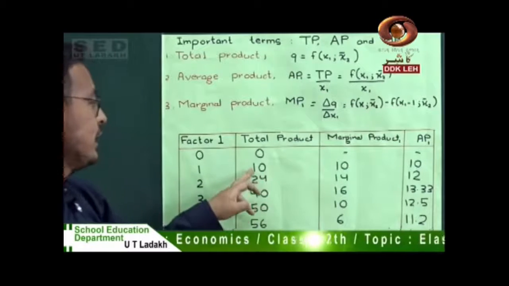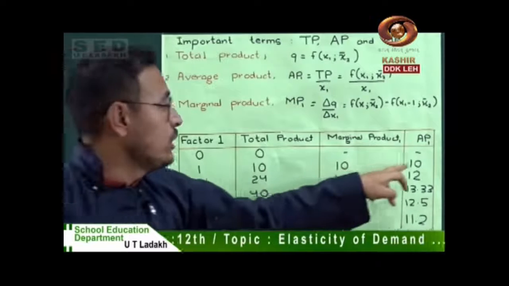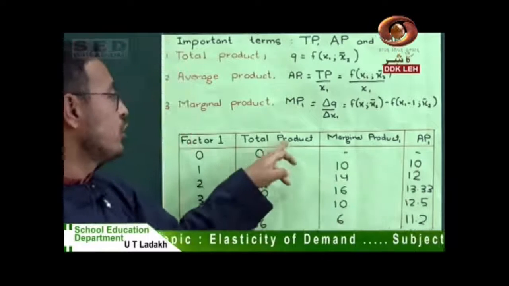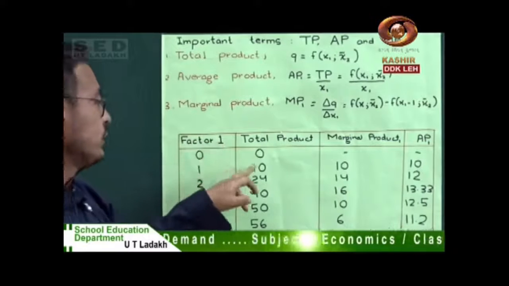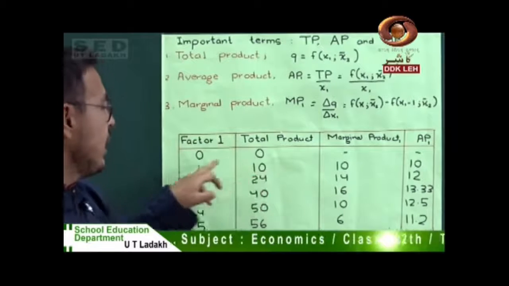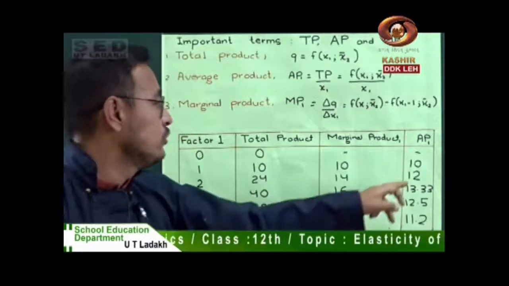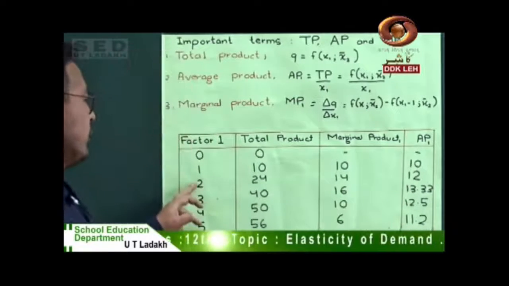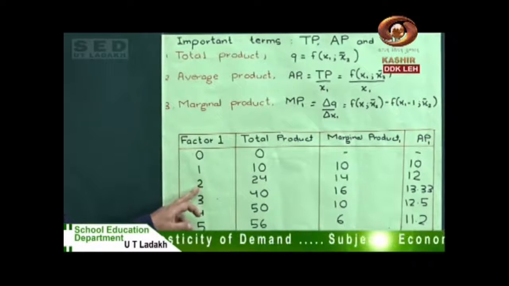As per the formula, it's 10 minus 0. So it is 10. Now third is average. Average is total product divided by number of factors. Since here total product is 10 and number of factor is 1, we are getting AP1 is also 10.